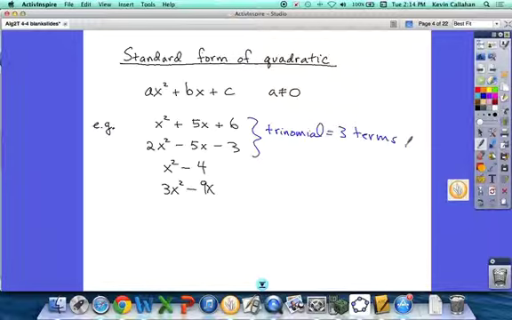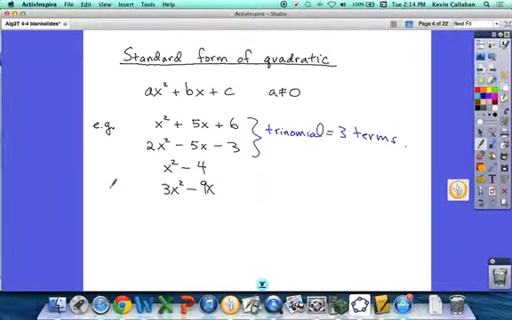But it doesn't have to have 3 in order to be a quadratic. Like this one here has 2, and this one has 2. The x squared minus 4 is missing the x term. 3x squared minus 9x is missing the constant. But they're still quadratics because they have a squared term.